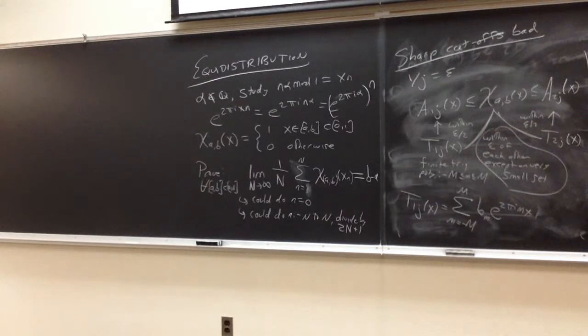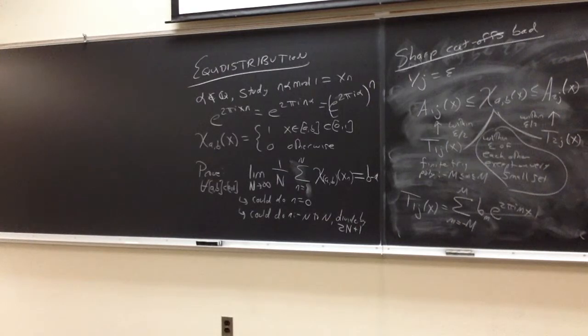This will be less than or equal to this with A2j. It'll be greater than or equal to A1j. So in particular, it'll be less than or equal to the limit as n goes to infinity of 1 over 2n plus 1, the sum n goes from minus n to n of A2j of xn. That we can do, and we would get a similar bound in the other direction. And then we just show the upper and the lower bounds converge to the same thing, and we're done.